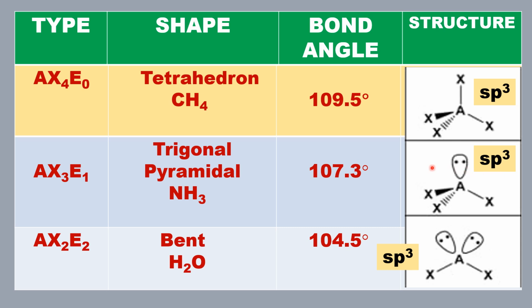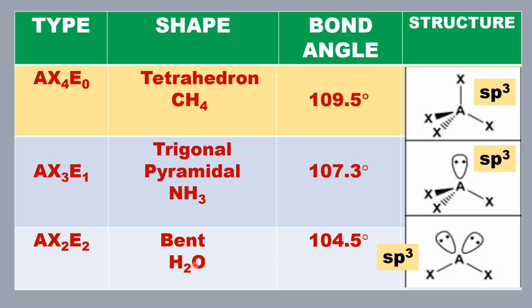Because lone pair bond pair repulsion is greater than bond pair repulsion, the bond angle becomes smaller, 107.3 degree, and the geometry is trigonal pyramidal. This has pyramidal geometry.